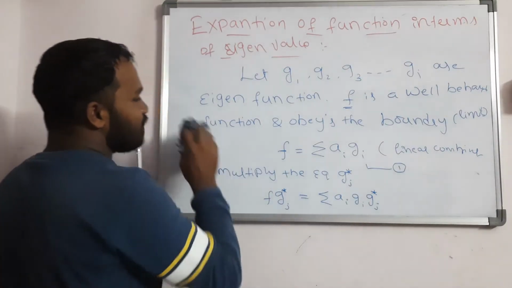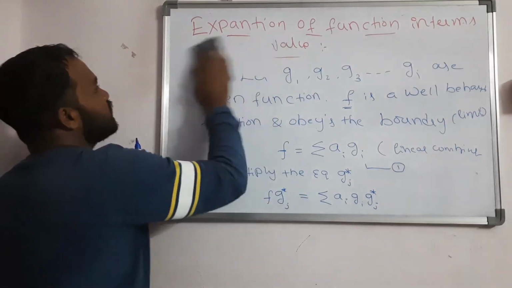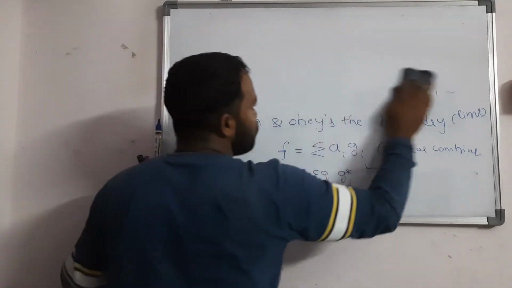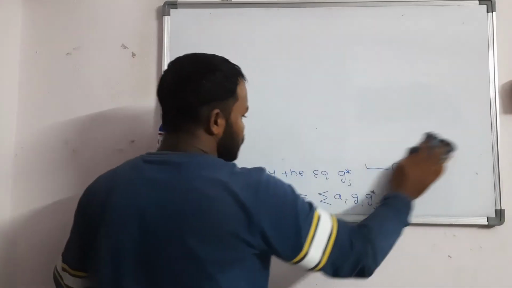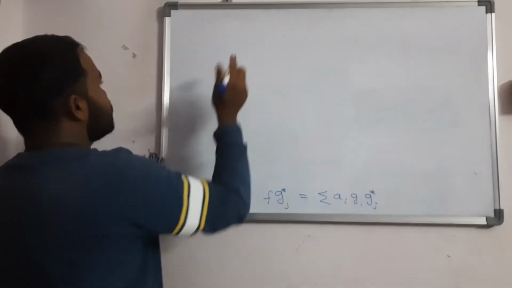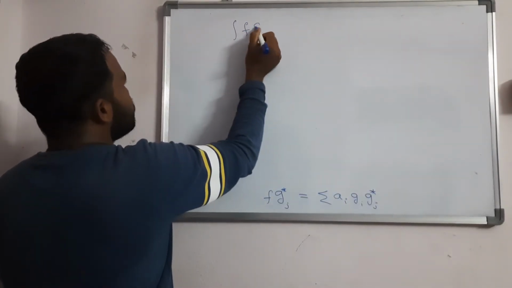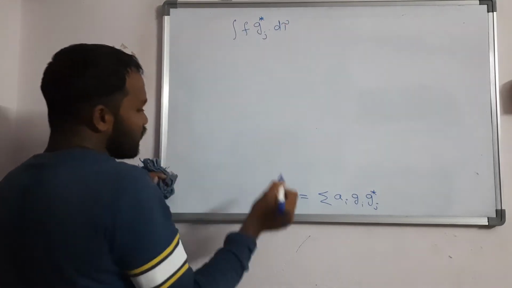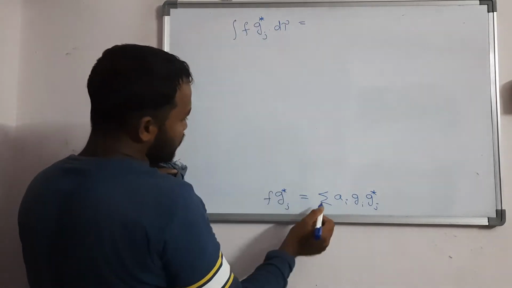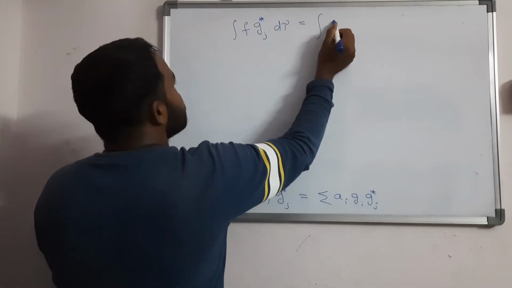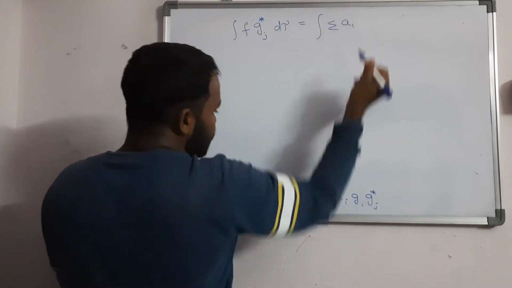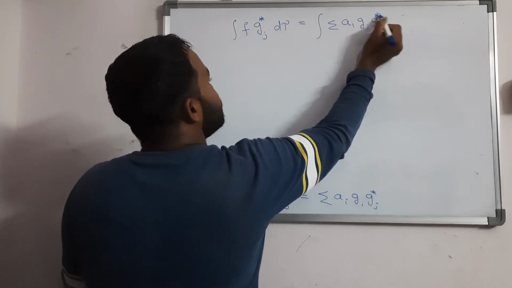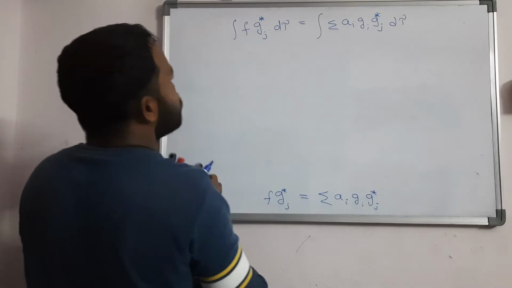Then integrate this equation on both sides. f into gj star into d tau, whenever there is integration, you should take d tau, is equal to summation ai into gi into gj star into d tau.